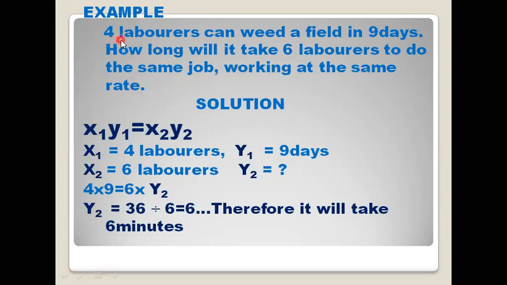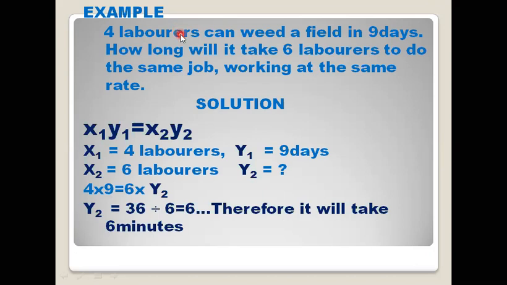Now, as you can see, this particular question is an inverse proportion problem, because if you increase the number of laborers, the time they will spend doing the same job will drastically reduce. So you can see there's an increase from 4 to 6 laborers.